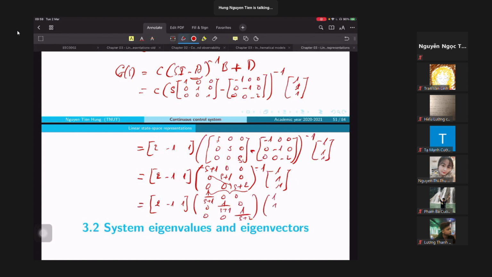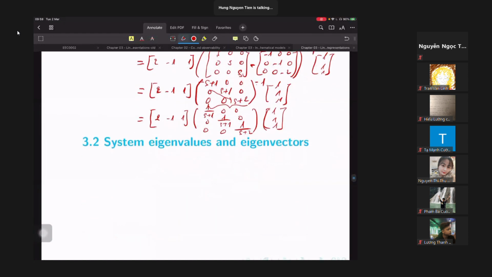And here 1, 1, 1. So we multiply this and we got 2 over s plus 1. And multiplying this one gives 0.